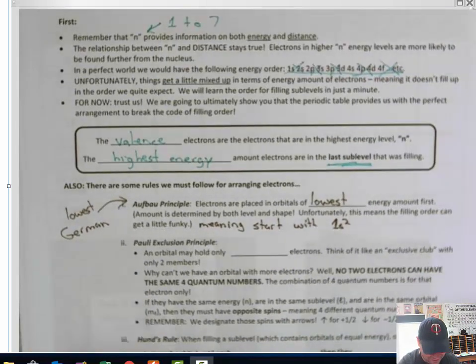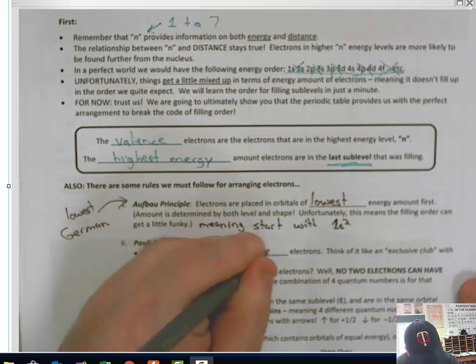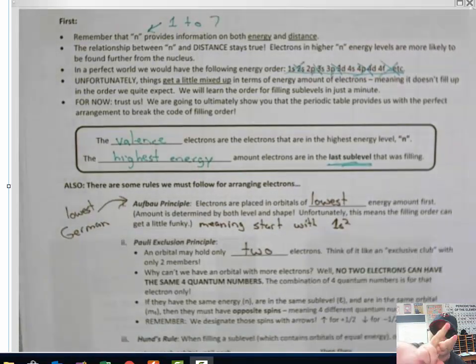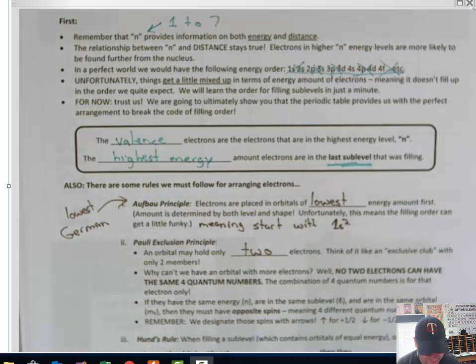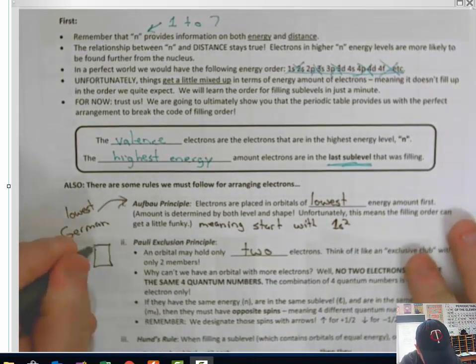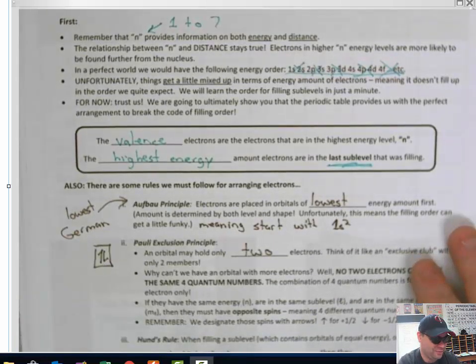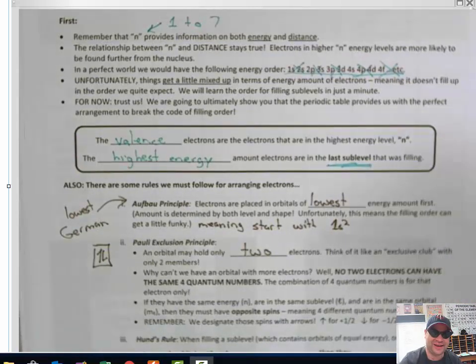Then we have the Pauli exclusion principle. The orbital can hold 2 electrons. Two! Just 2. It's an exclusive club. It can only hold 2 members. See? Here's an orbital box. You can only put 2 members in it. A clockwise spinning electron and a counterclockwise spinning electron.